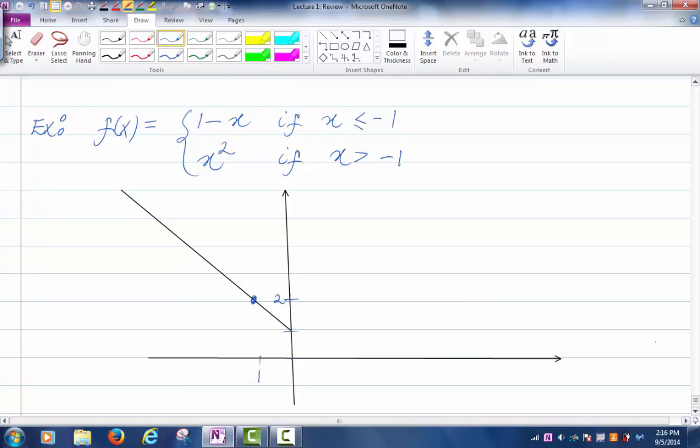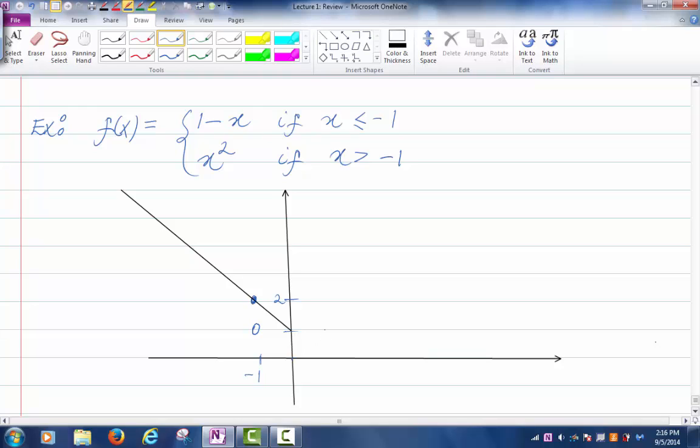Okay, that's very well. Now what's the graph of x squared? The graph of x squared is a parabola, we know. At negative 1, what's the value of the parabola? 1. But I need a hole here because the function is not defined there by x squared.